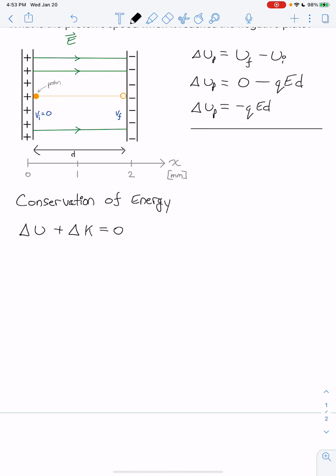Let's look now at the kinetic energy of the system. Well, our change in the kinetic energy, which I'll denote as capital K, is the final kinetic energy minus the initial. So these are both going to be terms 1/2 mass of the proton velocity squared. I'm just going to leave it as velocity F because there's only one object moving, and the initial kinetic energy is 0. So our change in the kinetic energy is 1/2 mass of the proton Vf squared.